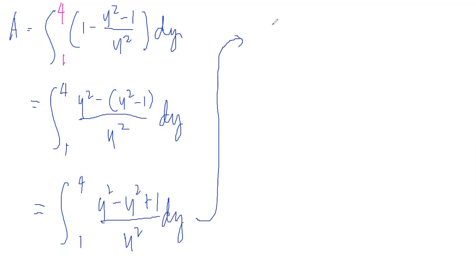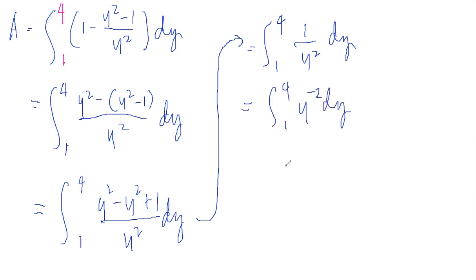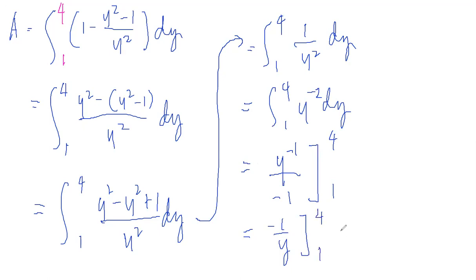So we have the integral from 1 to 4 of 1 over y squared dy. It became simpler: the integral of y raised to negative 2 dy. Let's integrate this: y raised to negative 1 over negative 1, evaluated from 1 to 4, so this becomes negative 1 over y.